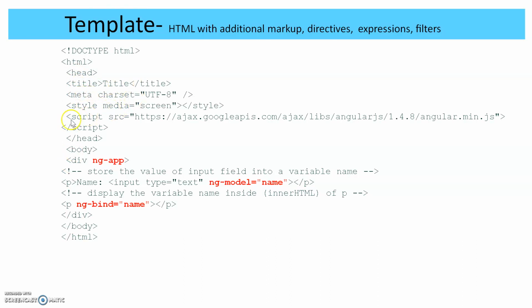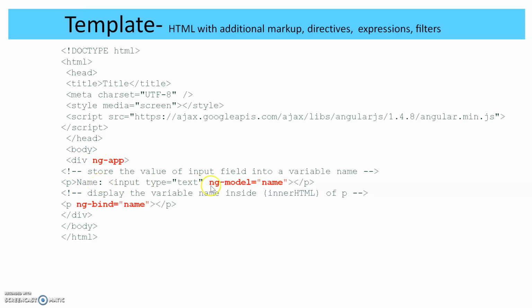And one important line in this example: I am using a CDN to include AngularJS in this HTML page. For that, I have written the script source with the URL of AngularJS, and the end of the script. Then inside the body, I am creating a div with ng-app.